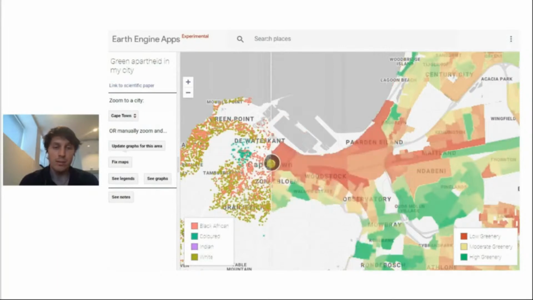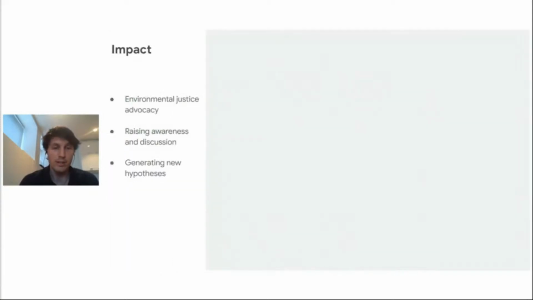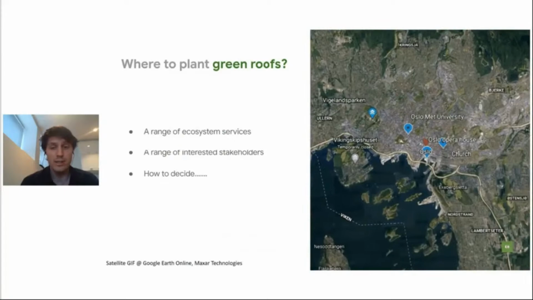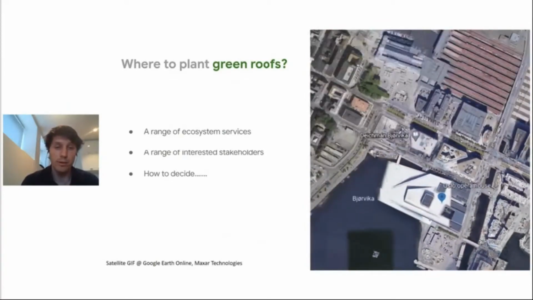And finally, also the ability to hide and show legends so that they can share more screenshots with colleagues. This has really advanced the impact by being adopted in media articles, raising awareness and generating further hypotheses about green space.